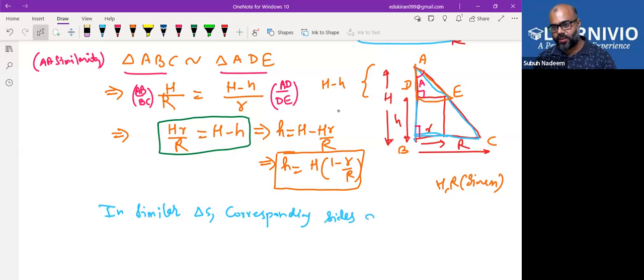So the triangles which we are taking are actually similar triangles, triangle ABC and ADE. Can you see this? These two triangles, ADE and ABC. Yes, sir. So these two are similar triangles. So you can take the sides AB by BC is equal to AD by DE. So AB is capital H, and BC is capital R. AD is capital H minus small h, and DE is small r. Okay.